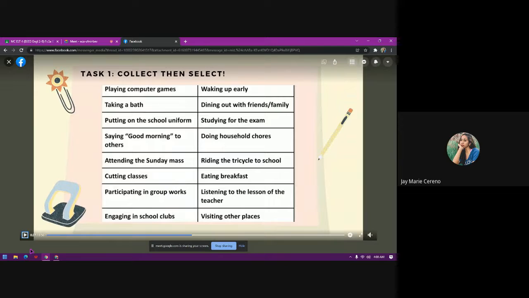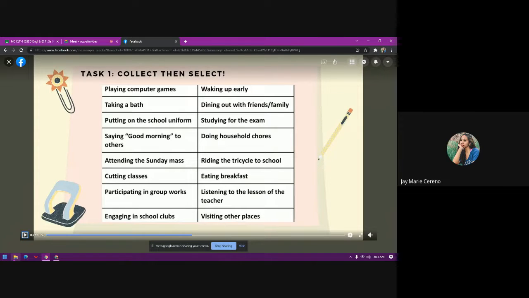Group yourselves and you will be given a set of phrases which are about the different tasks that a normal teenager does. Afterwards, you will group the phrases according to what you think are connected with each other. Each group must then provide the appropriate title or theme for each group of phrases. I'll give you 5 minutes to finish this activity.